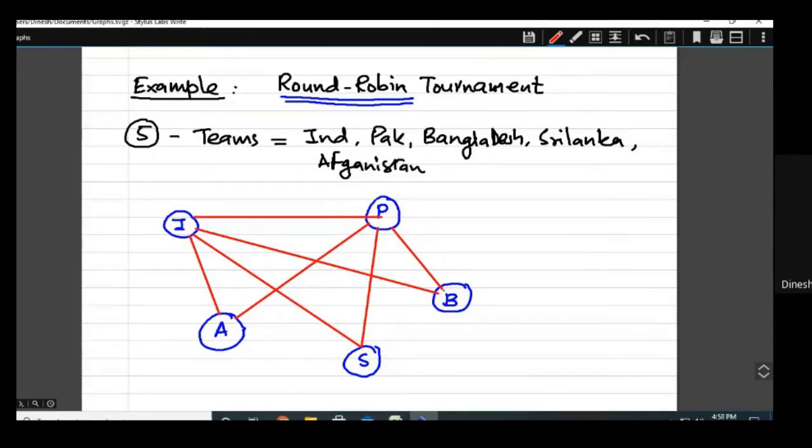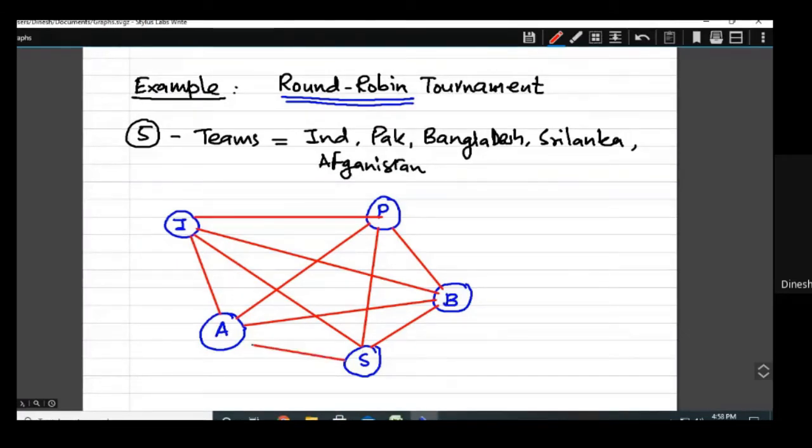Now about Bangladesh, Bangladesh has already played with Pakistan and India. So Bangladesh will play with Sri Lanka and then with Afghanistan. Now Sri Lanka has already played with India, Pakistan, and Bangladesh. Then it will play with Afghanistan. Now about Afghanistan, look at this, it has played with India, Pakistan, Bangladesh, and Sri Lanka.